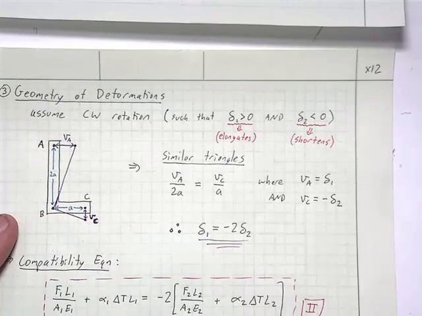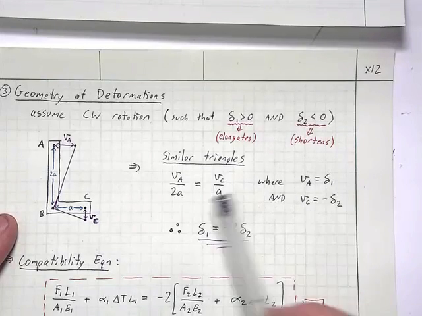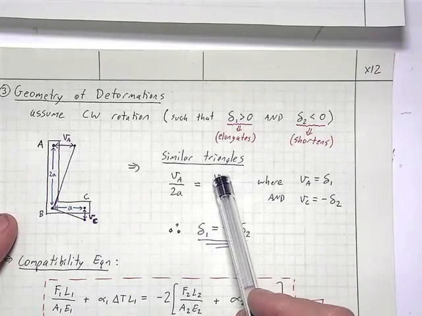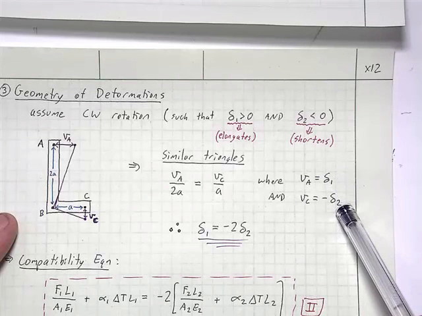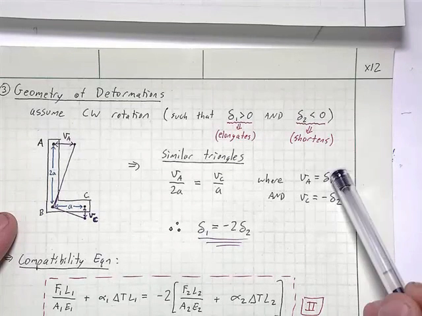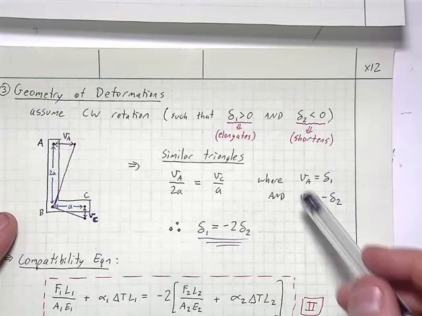The similar triangles give vA equals 2vC, but vA is just delta 1 and vC is just minus delta 2, from the geometry and how we relate the deflections of the points to their deformations.